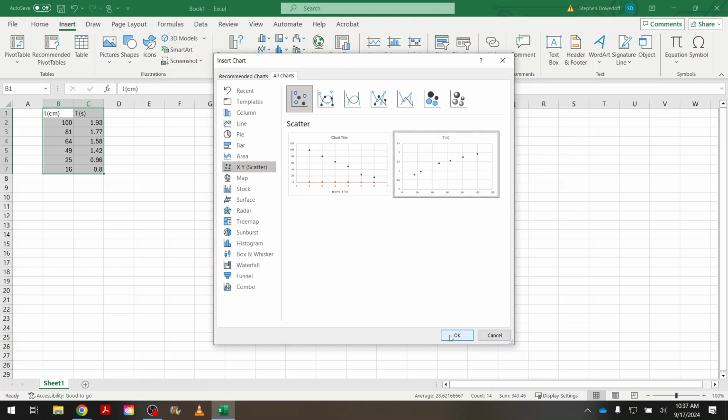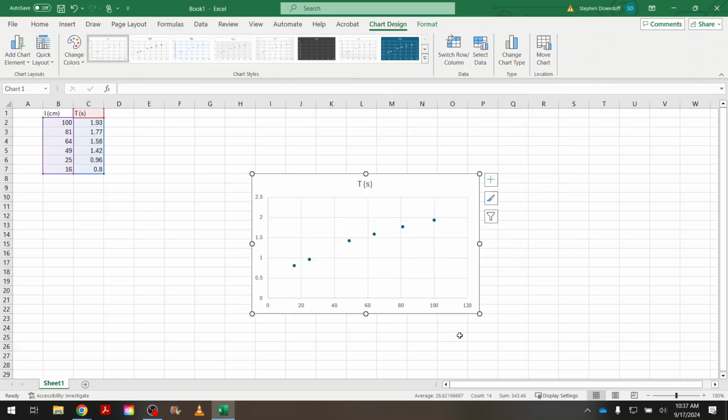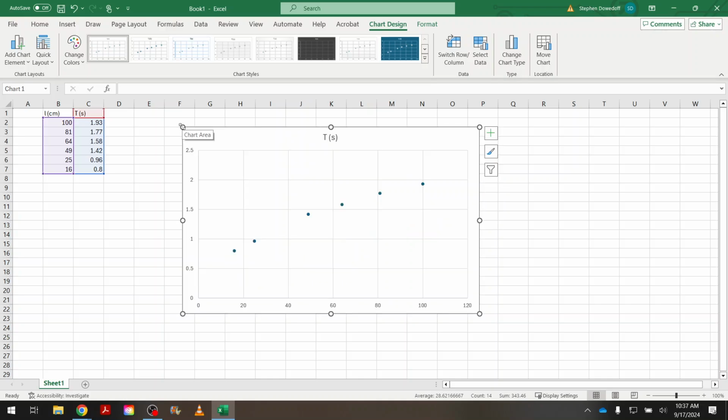And now we're going to click OK. Boom. And so now we've got our scatter plot. And there should be a plus sign somewhere. Yeah, there's a plus sign. We're going to click on that.